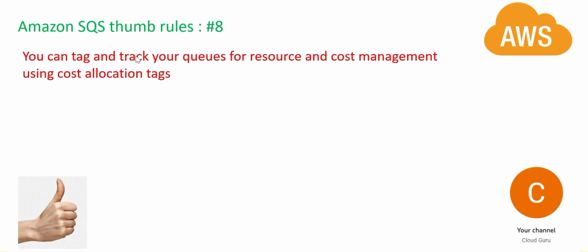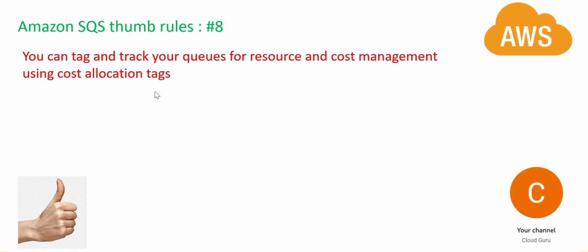And whenever we talk about billing, it is all about how do I know what I am being charged. You have a credit card bill, you can immediately see your bills every day. You don't have to wait for a month to see the transactions hitting your credit card. Similar to that, you can tag and track your queues for resource and cost management using allocation tags.